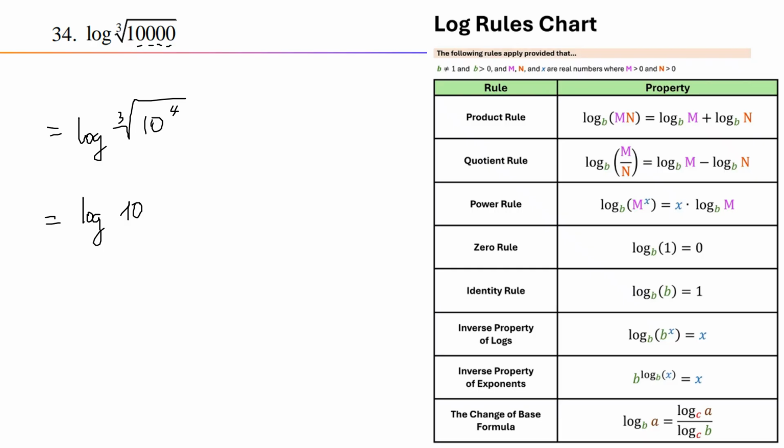So log base 10 of 10 to the power of 4 over 3. Okay, power over the root is equal to 4 over 3. It's because of the inverse property of logs, or it's also a combination of the identity rule and power rule, like we just explained in the previous questions.